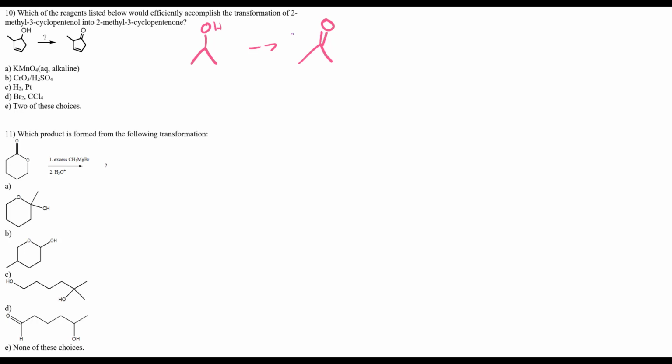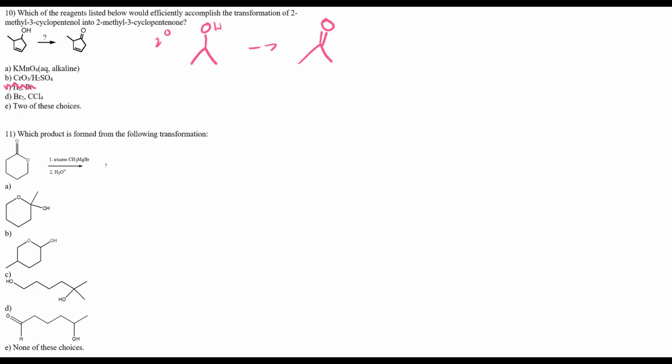How do I make a secondary alcohol into a ketone? Am I going to use H2 with platinum? Well, no, because the platinum is going to react with the alkene, and you wouldn't have this double bond. It wouldn't touch the alcohol, so that would be incorrect. So we can already say that C is wrong.